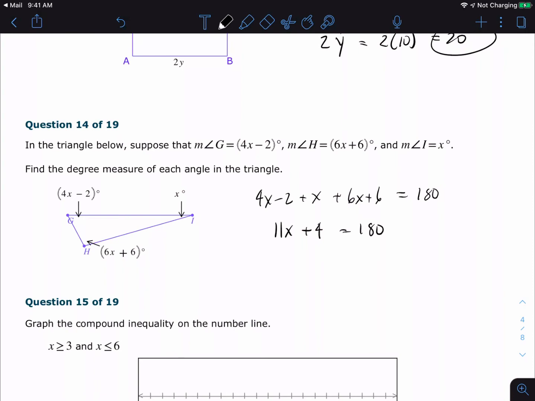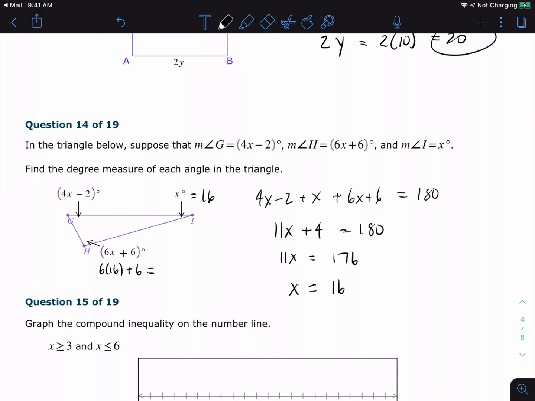Now, when I subtract that, I'm going to get 11x is equal to 176, and so x should equal 176 divided by 11. So x is 16. Now, let's see, what is the problem asking for? It says find the degree measure of each angle. So this one's going to be 16. This one here is going to be 6 times 16 plus 6.